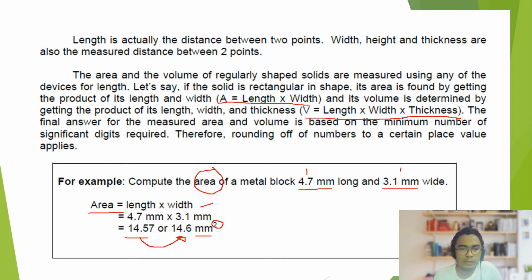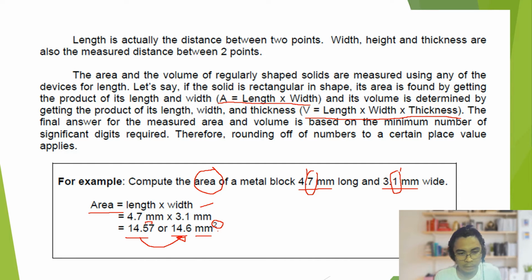Okay, because take note, the given are expressed in tenths. Tama? So, nasa tenths yung place value or naka-round off siya in nearest tenths. So, therefore, kung ilan yung decimal place, okay, ng given natin, yun din yung ibibigay natin dito. So, therefore, the final answer is 14.6 square millimeter.